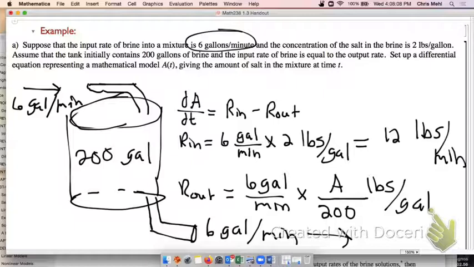So if you started with 200 gallons of brine, that would be your volume at any arbitrary moment in time t. So there are A of t pounds of salt at any time, divided by the 200 gallons of solution in the tank.